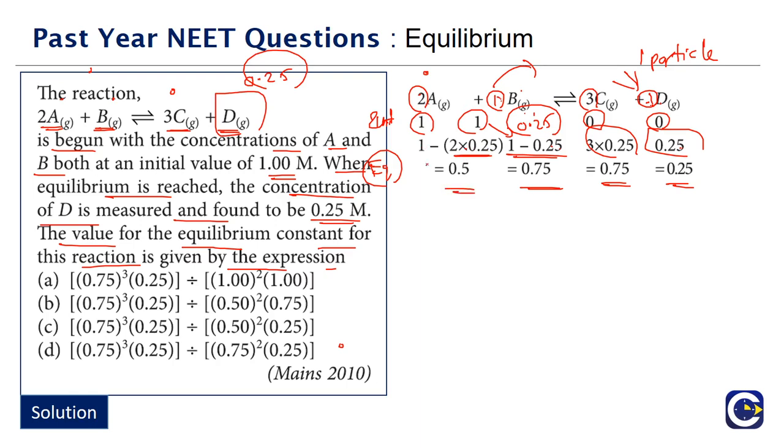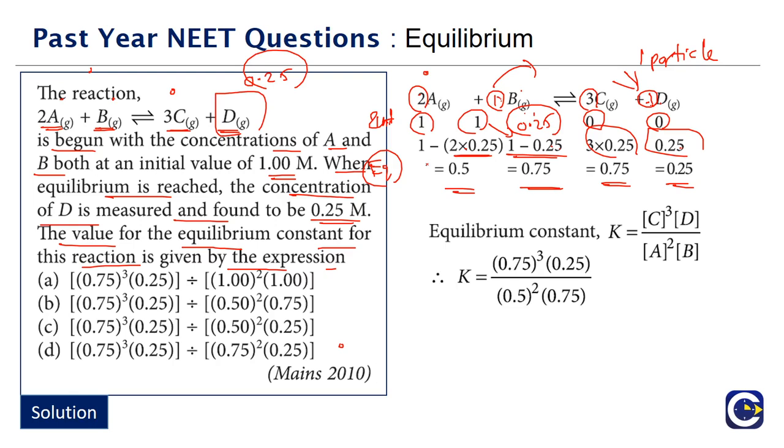So we have the equilibrium amounts of A, B, C, and D. Now all that we have to do is write down the formula. What is the equilibrium constant formula for the balanced equation? Product concentration: C to the power 3, why 3? Because we have factor 3, into D to the power 1, because there is no factor, divided by A to the power 2 into B. So all we have to do now is substitute.